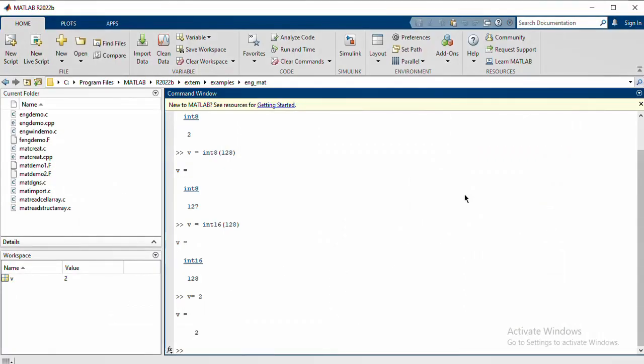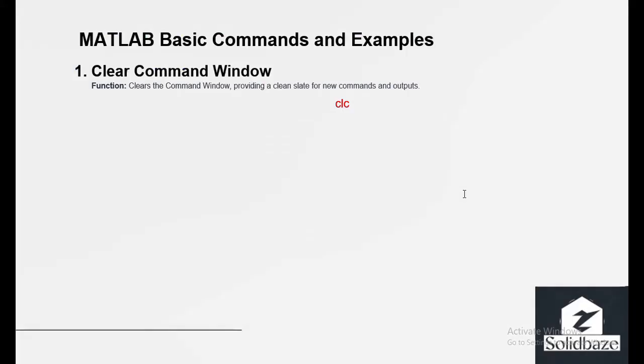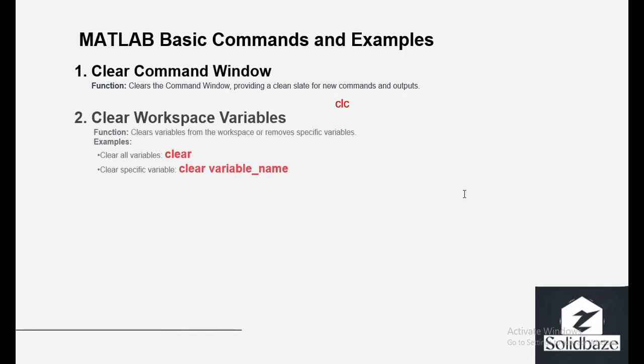Now when we type CLC and hit enter, it clears the command window, giving us a clear place to carry out any other tasks we want to do and makes our work orderly.